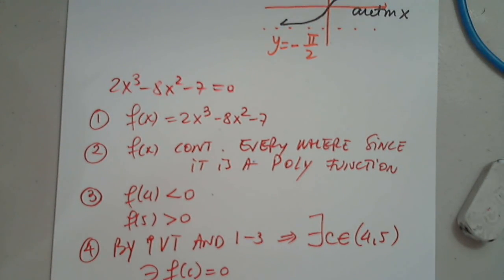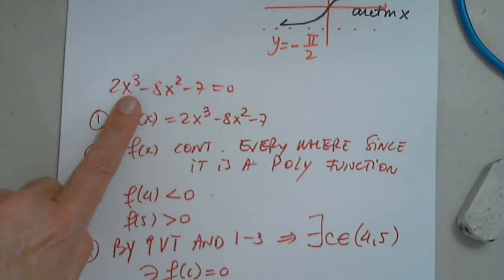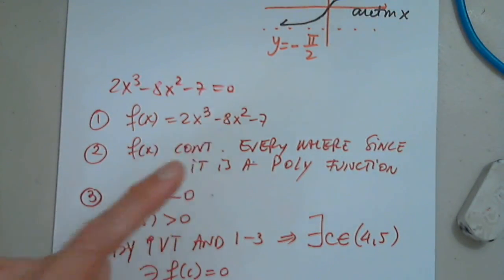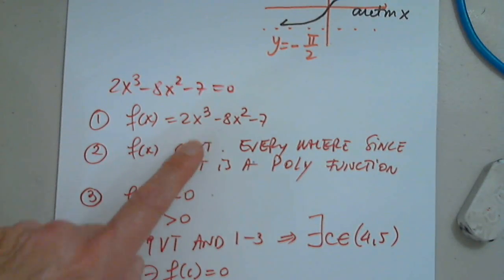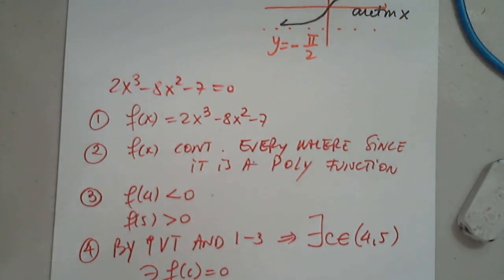I don't have what the intercept is, but I guarantee you there is an intercept or a solution of the equation. That's the same thing. There is a solution of this equation or an x-intercept of this function, between 4 and 5, guaranteed by the intermediate value theorem, because the function is continuous and it changes sign.